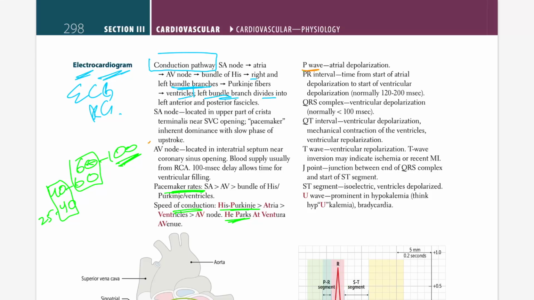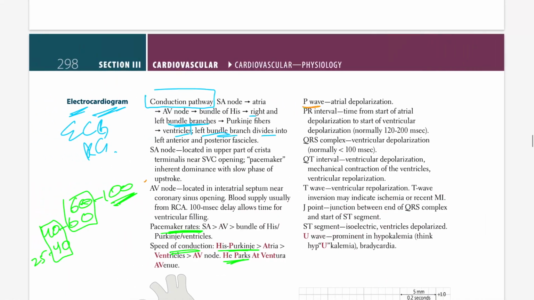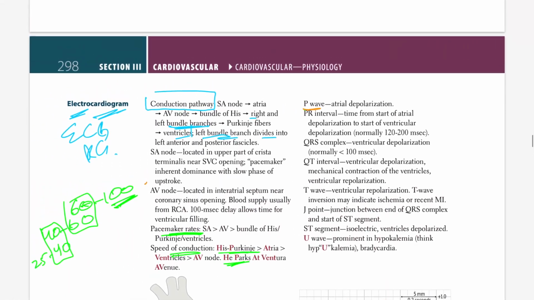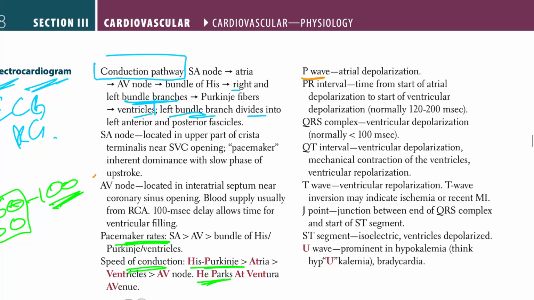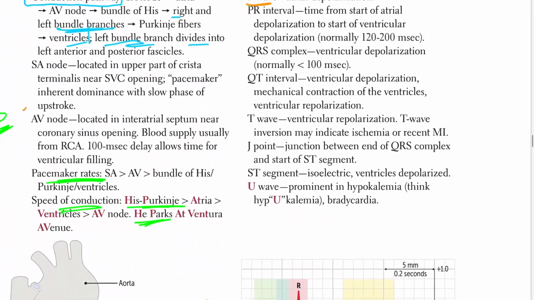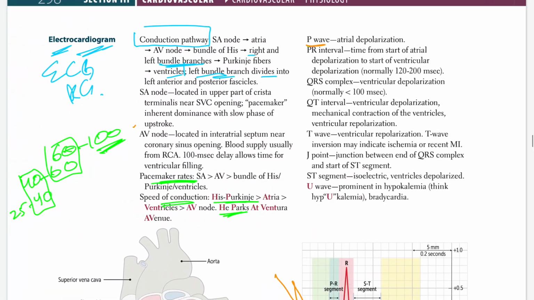To read an EKG, first we look at the P wave, and that is right here. What is the P wave? The P wave is all about atrial depolarization. We are specifically looking at the atria getting depolarized.